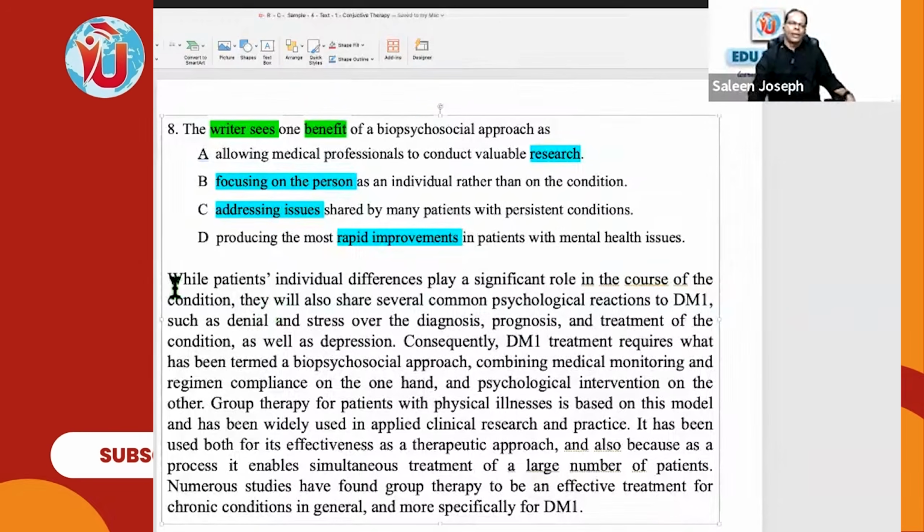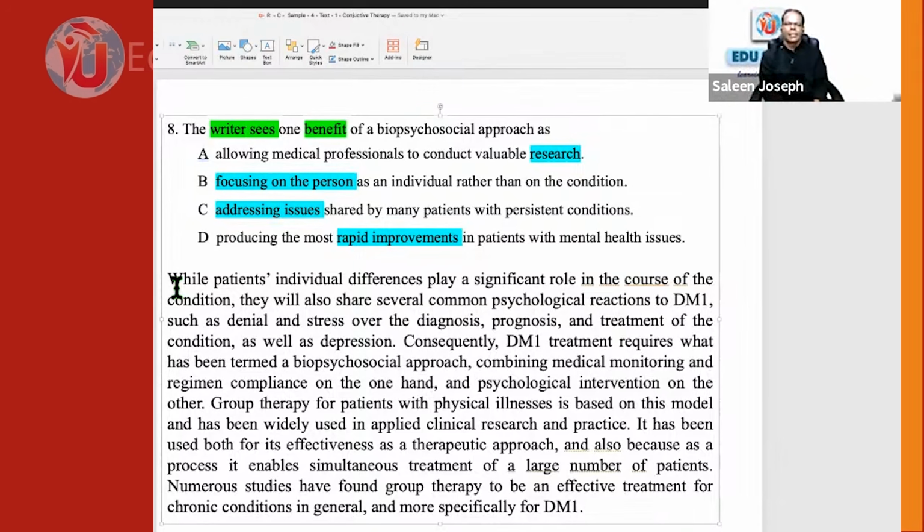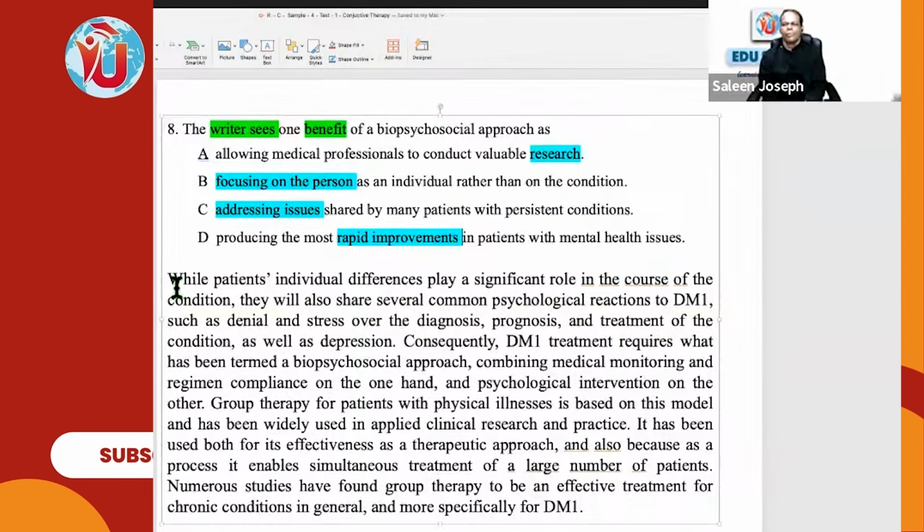Now, this is a complex sentence. I have taught you in the writing subtest: simple sentence, compound sentence, and complex sentence. Here, the topic sentence is a complex sentence, and there are 2 clauses. One is an independent clause, another is a dependent clause. An independent clause has meaning in itself, whereas the dependent clause depends for its existence on the independent clause.